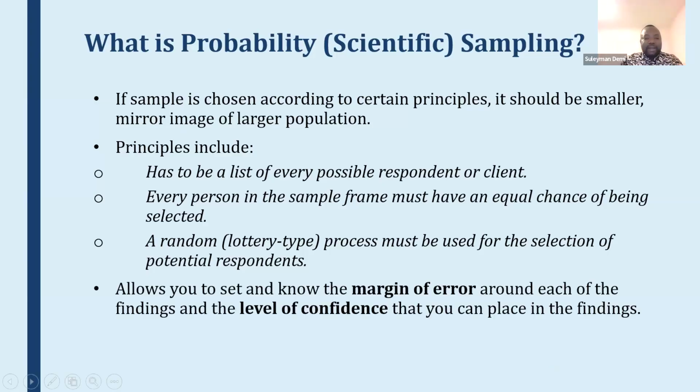So, it allows you to know the margin of error around each of the findings and the level of confidence that you can place in the findings. We'll look at it later on. This is mostly in quantitative studies, right?